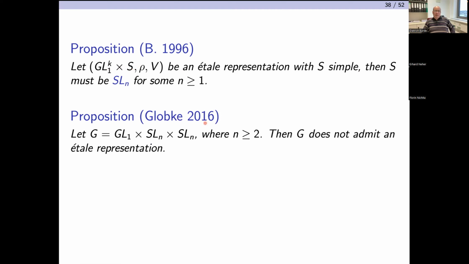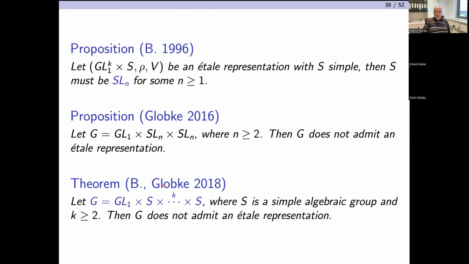And 20 years later, Wolfgang Globke, a student of Oliver Baues, made a thesis where he showed, for example, this one, that you cannot continue with another SL_n. And then Wolfgang Globke became my postdoc, and we worked a little bit more on this and discovered that it's not only for SL_n.